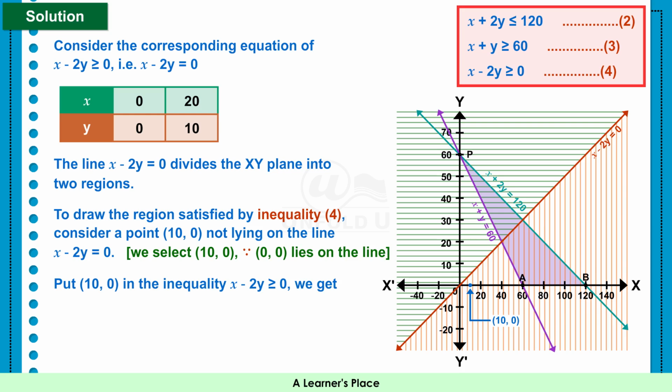We get 10 minus 2 into 0 is greater than or equal to 0, which implies 10 is greater than or equal to 0, which is true as 10 is greater than 0.